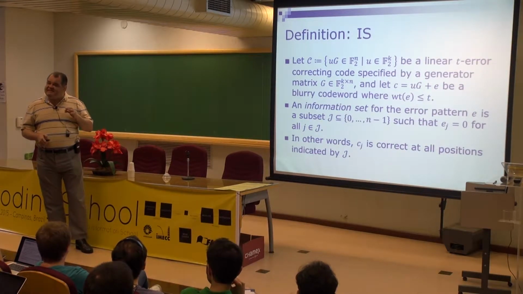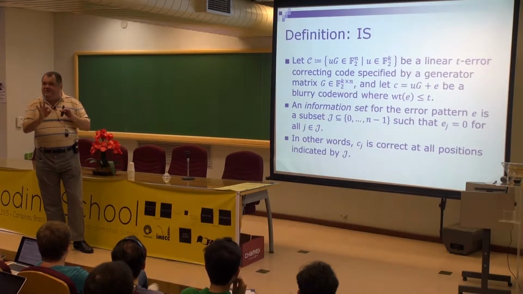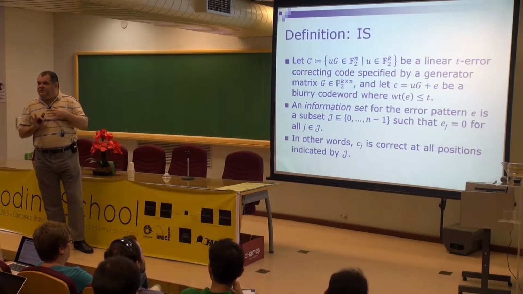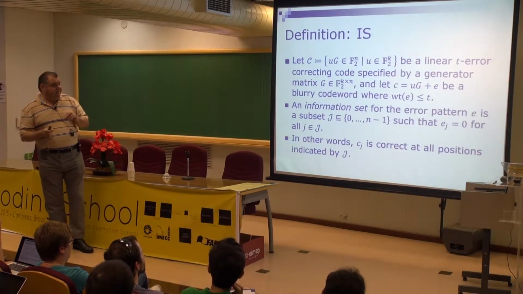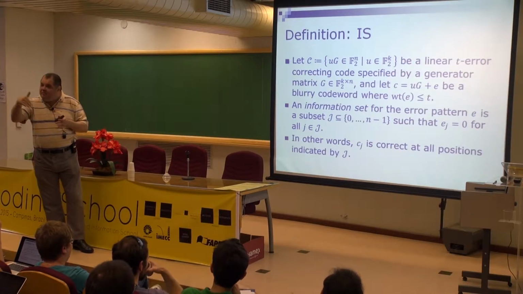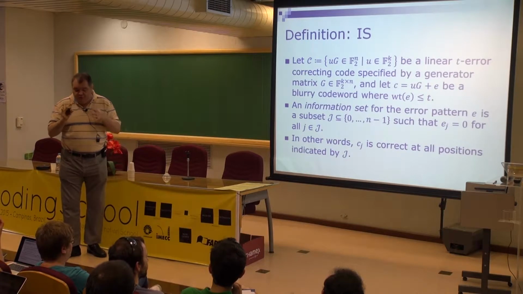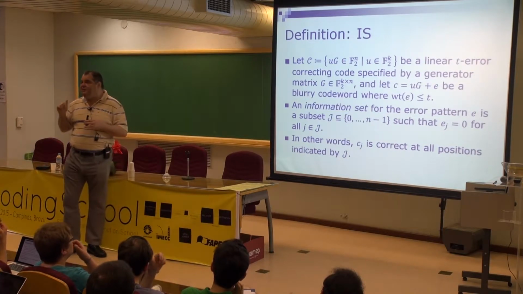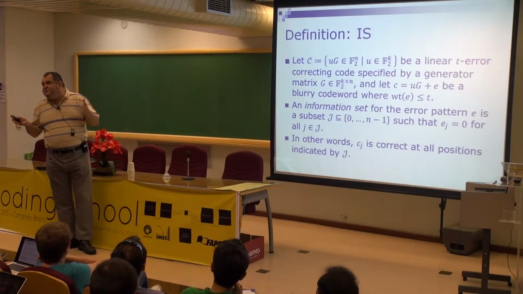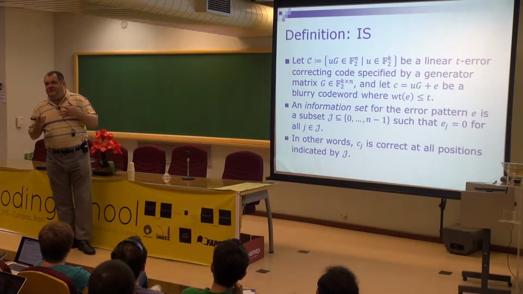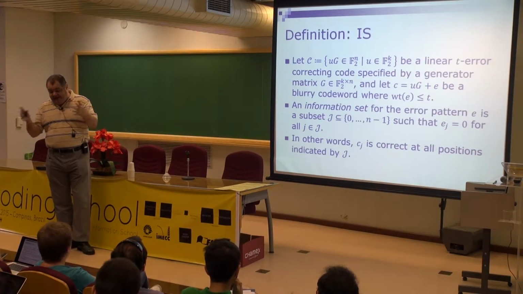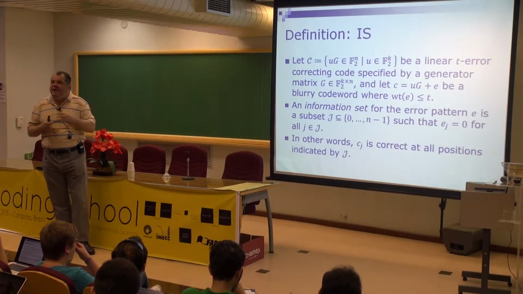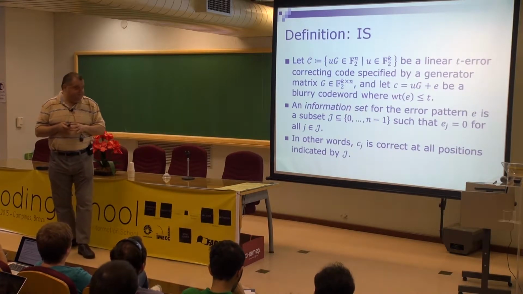An information set is a set of coordinates on that blurry code word where there is no error. Okay, it's only that. It's a subset of positions in the blurry code word where there is no error, where the bit corresponds to the underlying code word. Well, of course, we don't know what the error set is, whether a given subset of the coordinates is an information set or not, unless we are able to correct those errors.